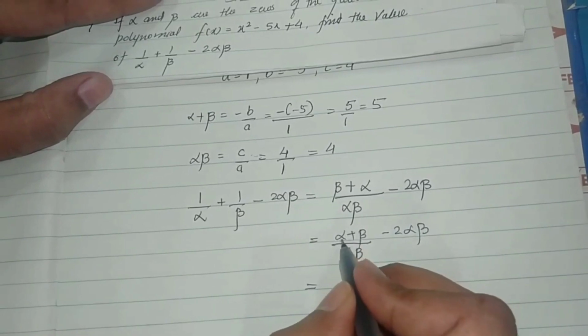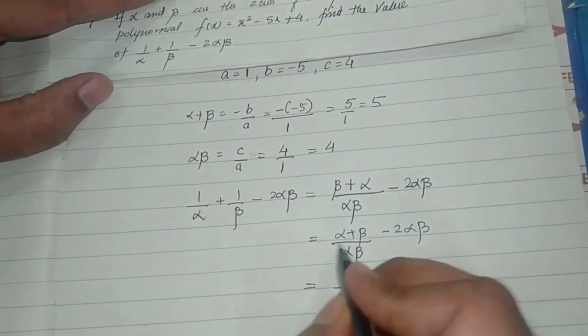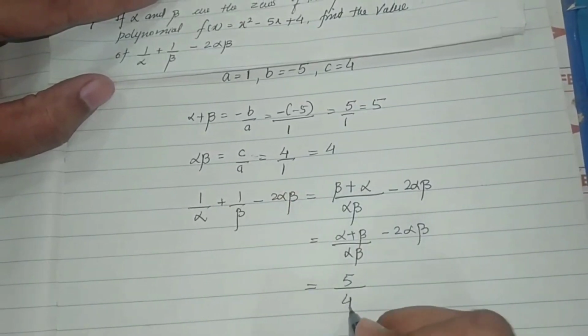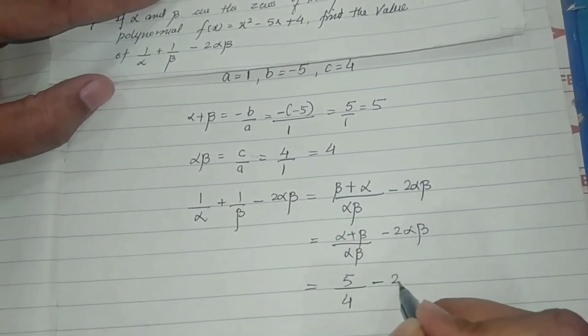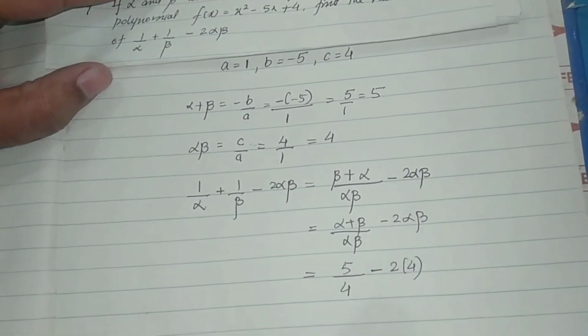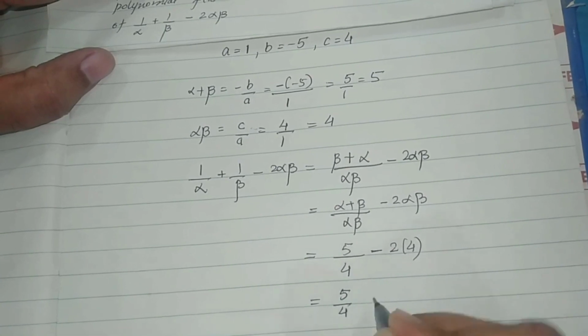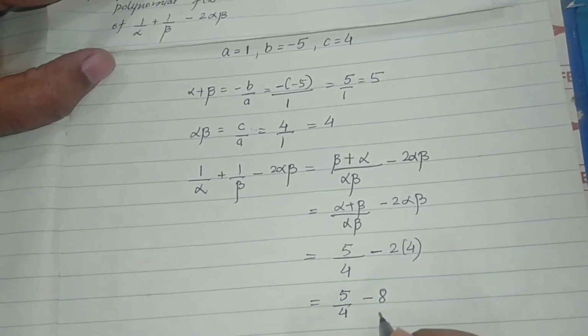And what is the value of alpha plus beta? We already know, that is 5 divided by alpha into beta, which is 4, minus 2 into alpha beta. So what is alpha beta? Alpha into beta, that is 4. So ये हो जाएगा 5 by 4 minus 8. Okay, so यहाँ denominator में is nothing but 1.